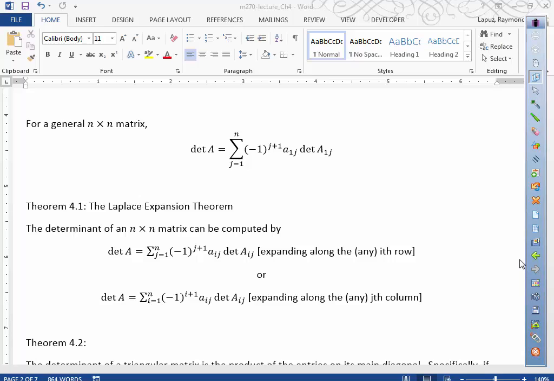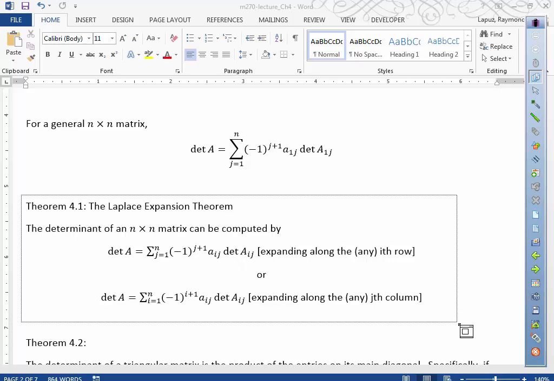The Laplace expansion theorem allows us to expand on any row or any column. So let us put that expansion theorem in our notes and not prove it and use it.